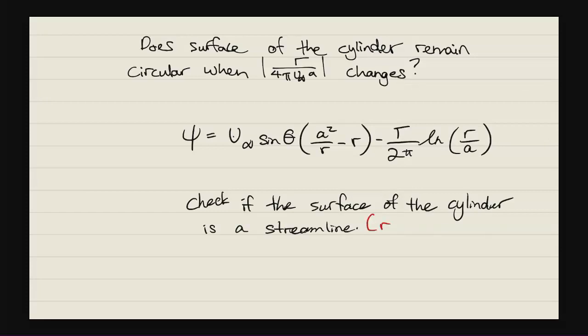So basically, when r equals a, we want to see whether the surface of the cylinder is a streamline.